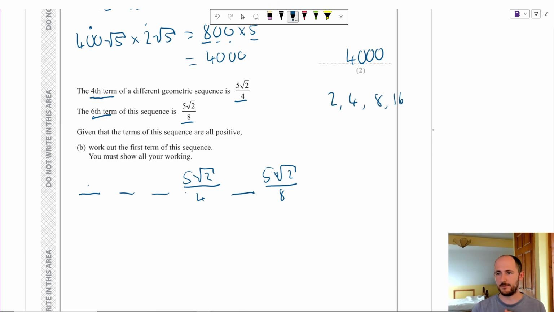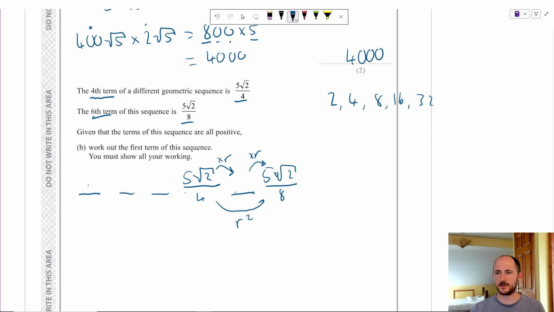As you can see, in this case, we do not have adjacent terms, but we do have a term next to a term. So to go from this term to the next one, I times by the common ratio R. And then to go to the next term, I times by the common ratio again. That's the same as timesing by the common ratio squared.